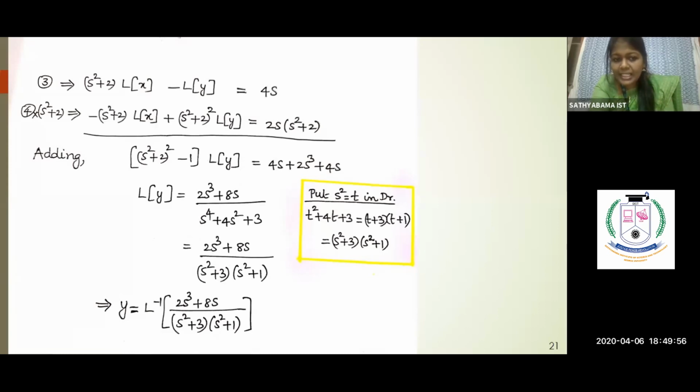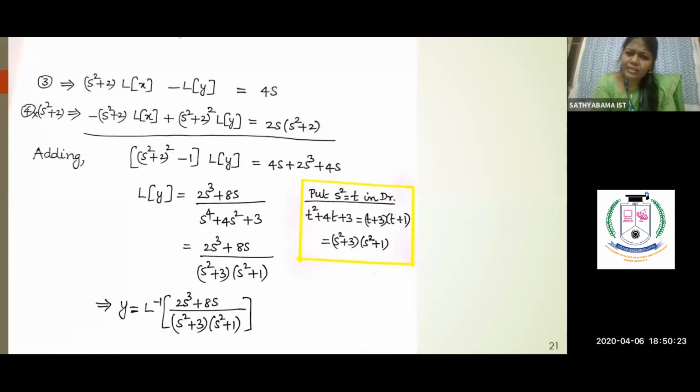Now plus 4 minus 1 will give me plus 3. So that's how I have s power 4 plus 4s square plus 3. Okay, I hope you understood this step. I'm talking about the fourth step. L of y is equal to 2s cube plus 8s on the right hand side divided by s power 4 plus 4s square plus 3 from the left hand side I've got. Okay, that's the denominator. Now, this is L of y.